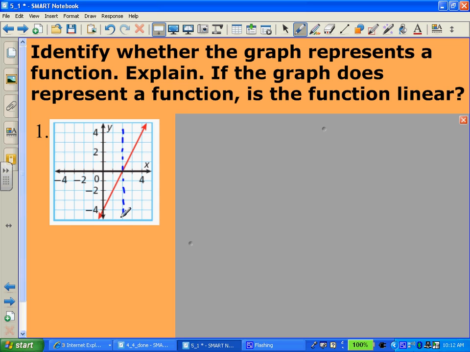And remember, with the vertical line test, it can only pass through your graph one time. And you can see here that it passes the vertical line test. So our answer to the first question is yes, and we have to explain, so it passes the vertical line test.